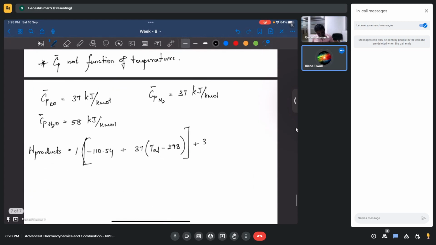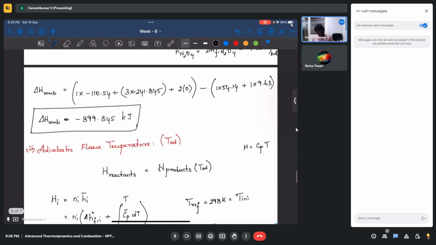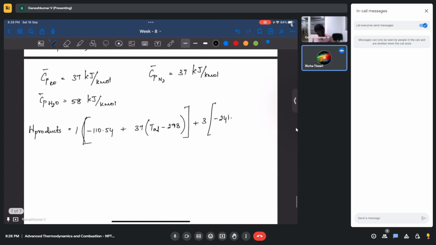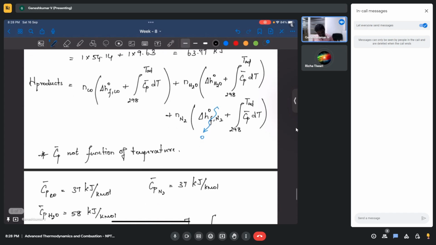H2O has 3 moles, times minus 241.845 kilojoules, plus 58 times T adiabatic minus 298, plus N2.